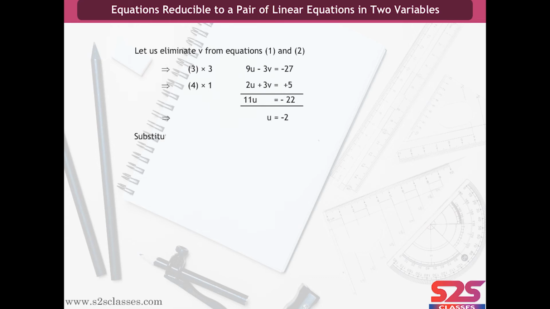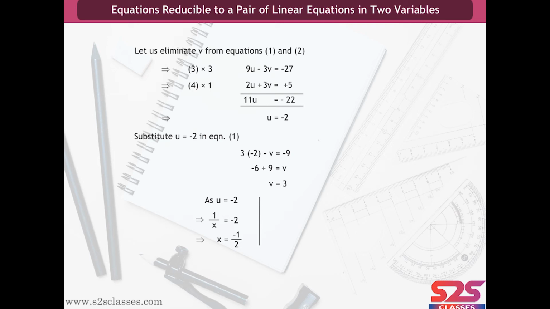Now substitute u is equal to minus 2 in equation 1 and we get 3 into minus 2 minus v is equal to minus 9, or minus 6 plus 9 is equal to v, or simply v is equal to 3. As the value of u is equal to minus 2, it implies 1 by x is equal to minus 2, or x is equal to minus 1 by 2.